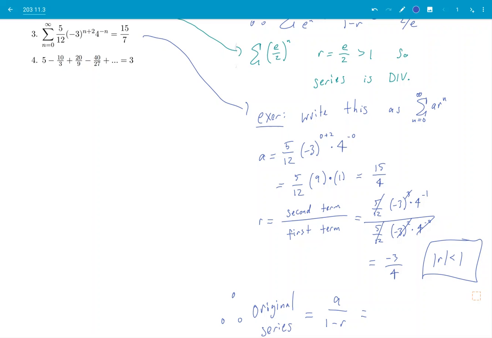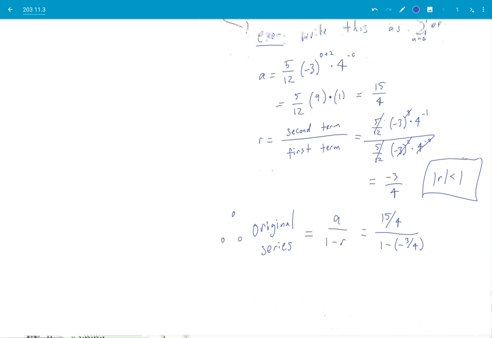And our a is 15 over 4. And then we have 1 minus negative 3 over 4, giving me 15 over 4 divided by 7 over 4, and we get the 15 over 7 that we want.